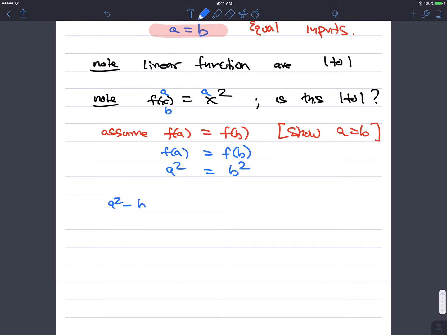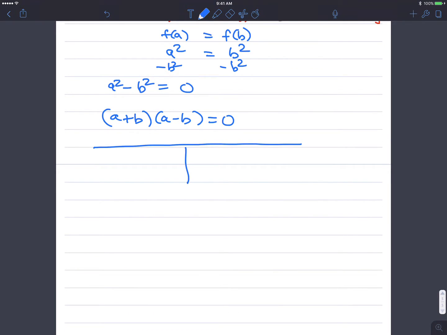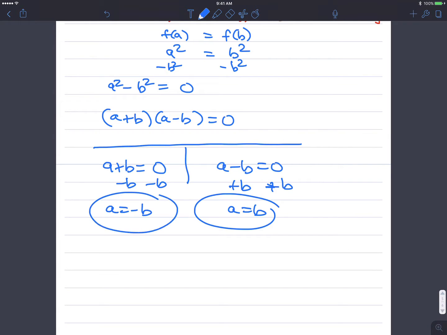So you say, okay, how do you use algebra? Well, I can solve this quadratic, right? Subtract B squared from both sides here. And then you end up getting A plus B times A minus B equals 0, just by factoring, okay? And then, by the 0 product rule, A plus B is 0, A minus B is 0, subtract your B, A is minus B, add your B, A is B. Now, let me show you what this means.